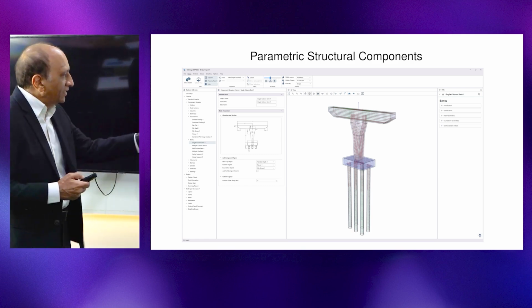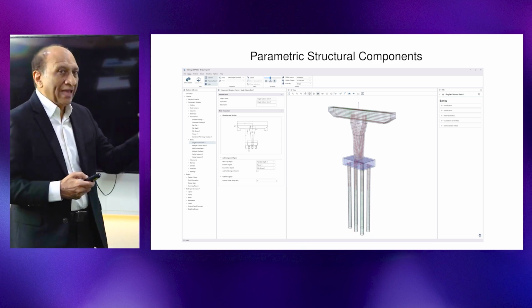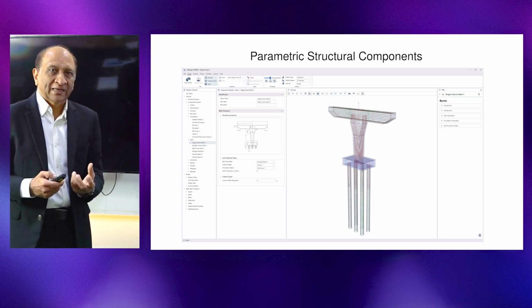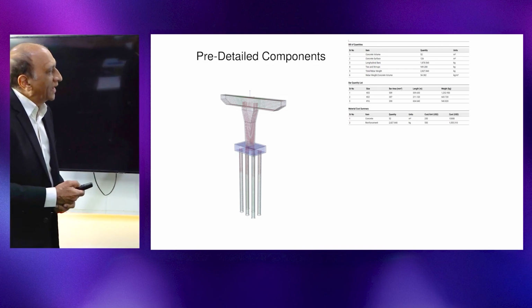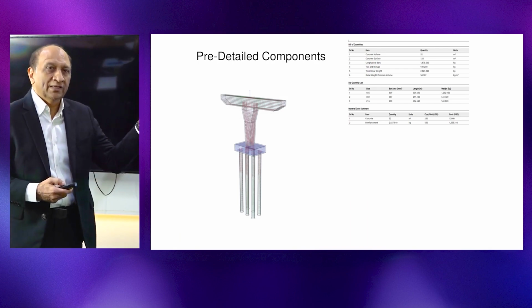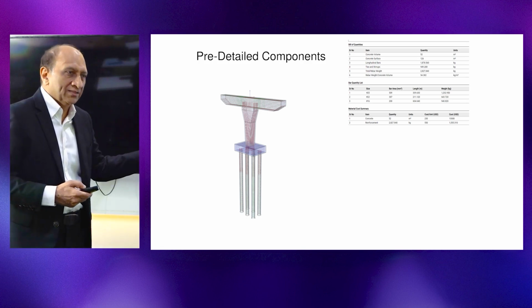So we get that in the whole model with the definition and the reinforcement as a complete object. Once we have that, we can use that directly to compute the quantities and the costs, because it's already fully defined. You don't need anything else.